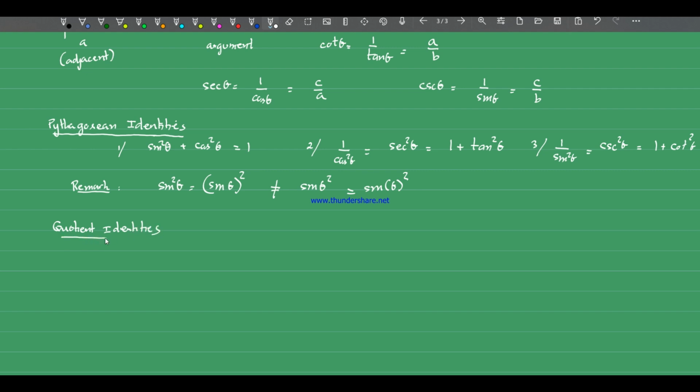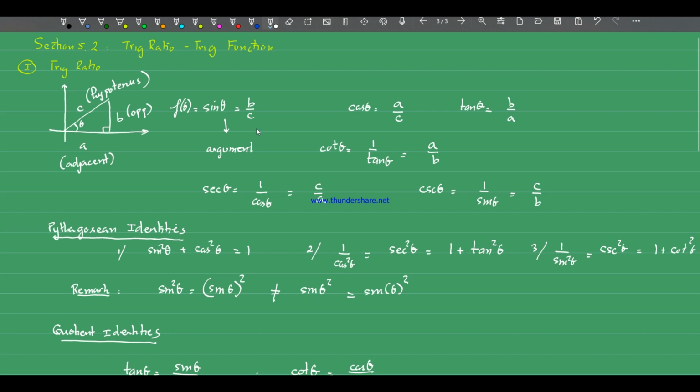So fraction between what? Fraction between sine and cosine. So we know tangent theta will be sine over cosine. If you set up the fraction between sine and cosine, it gives you tangent theta, and if you set up between cosine and sine, it gives you cotangent theta. So all of this you need to memorize because it can help you to evaluate trigonometry ratios and trigonometry functions.